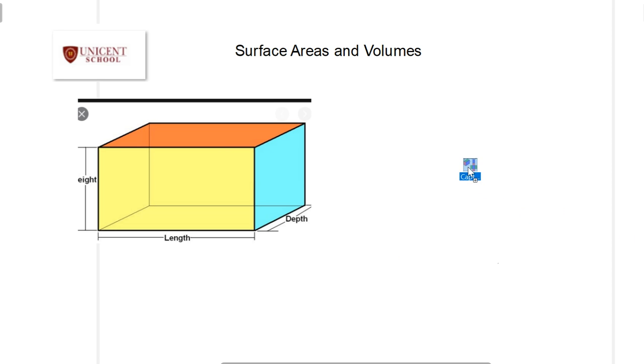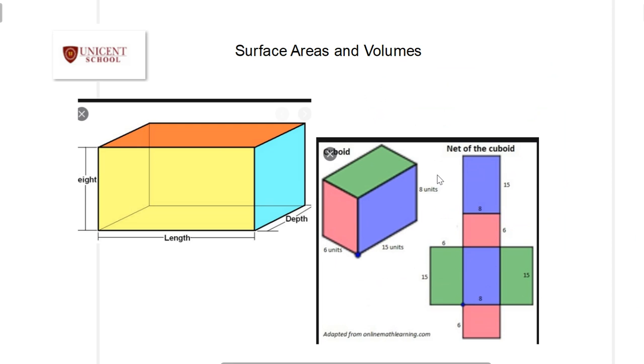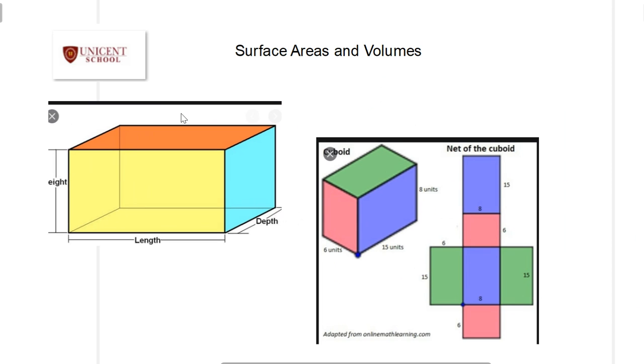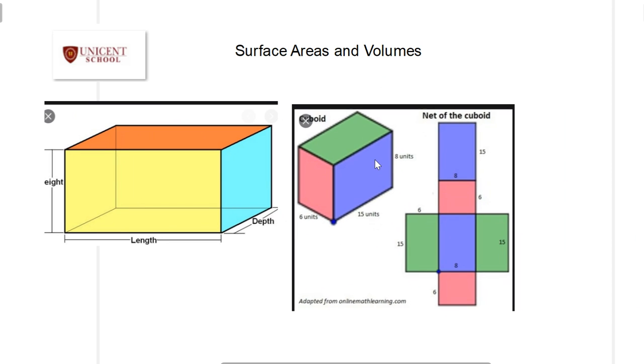And if I take the net of a cuboid, you can get it like this, which helps us to understand that it has 3 types of rectangles, and all are rectangles obviously. So it has 3 pairs of rectangles.